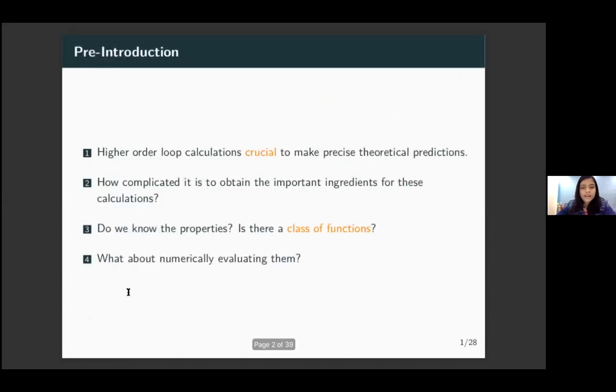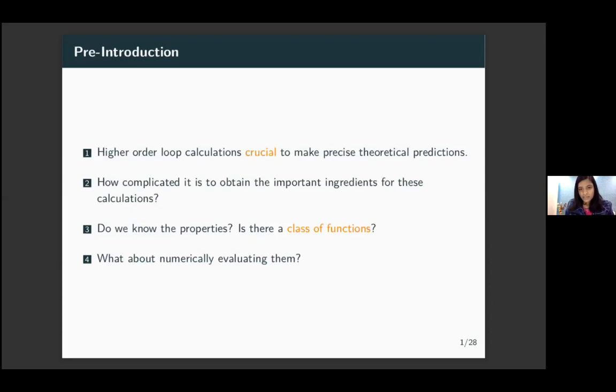Before we actually start this talk, I want to give a preview of what's coming. I will be talking about higher order loop calculations, which are crucial to make precise theoretical predictions. I will try to show how complicated it is to obtain these ingredients to make these predictions even more precise.